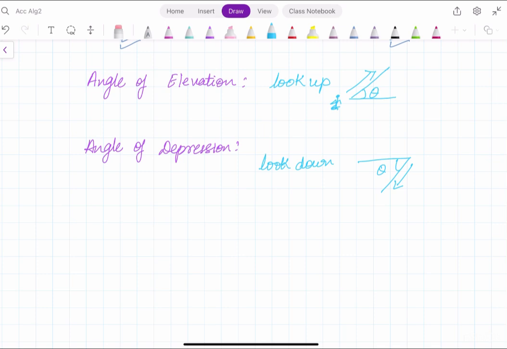Let's take one example based on angle of elevation and angle of depression and using the trig identities. So the question says, find the acute angle. And what do you mean by acute angle? That means less than 90 degrees.